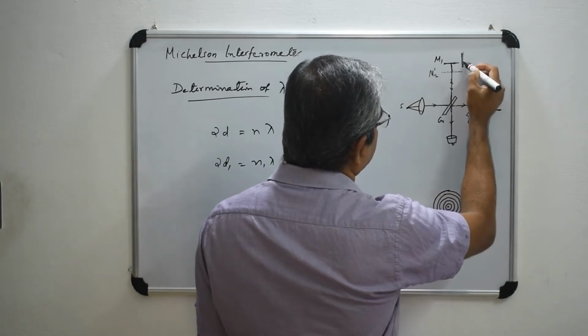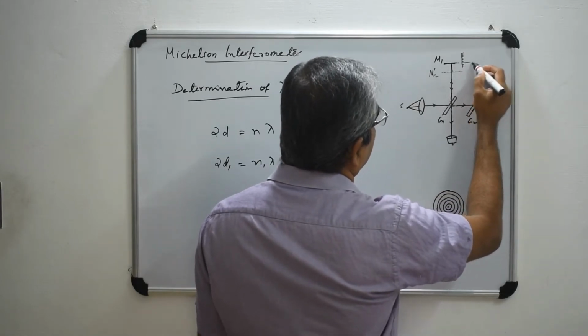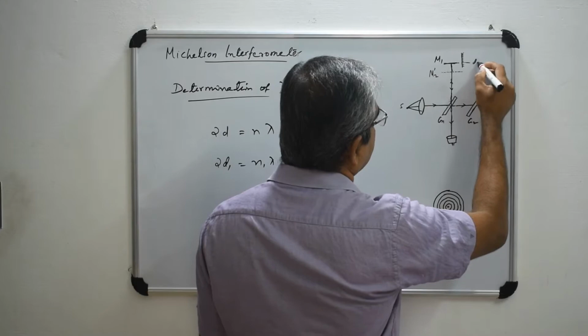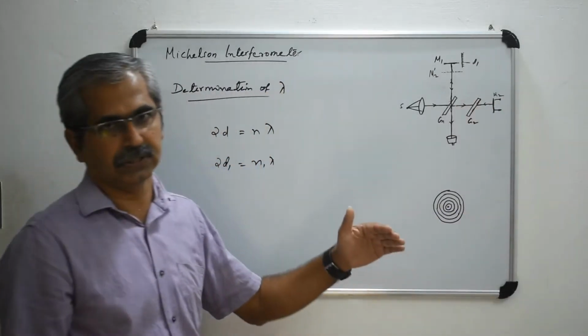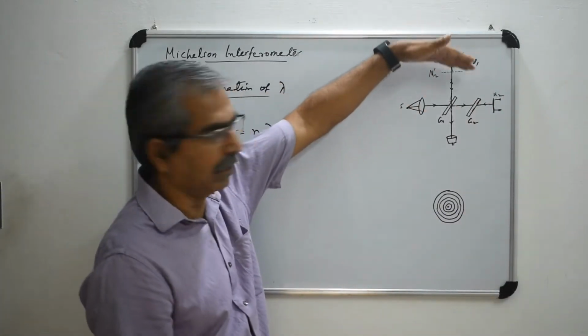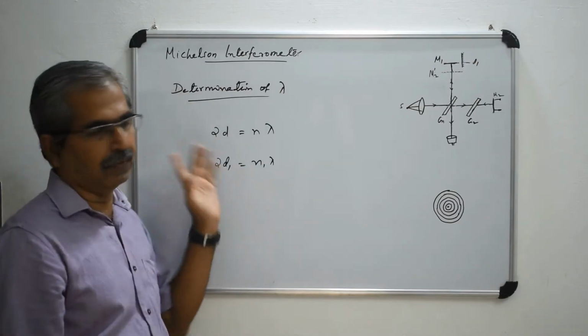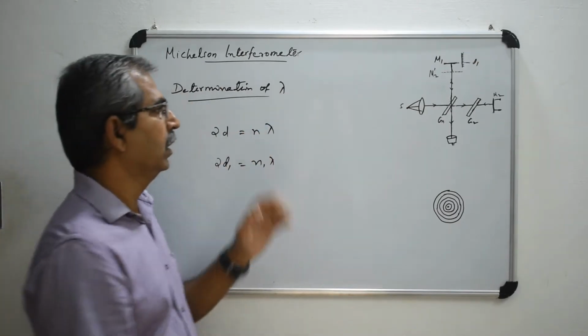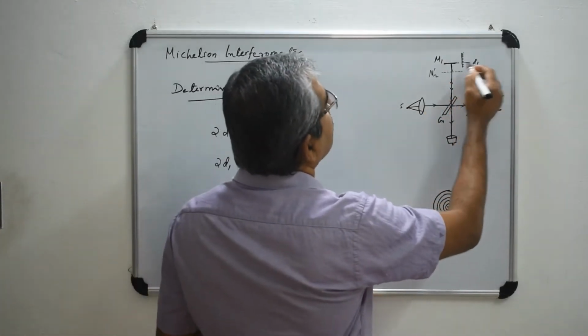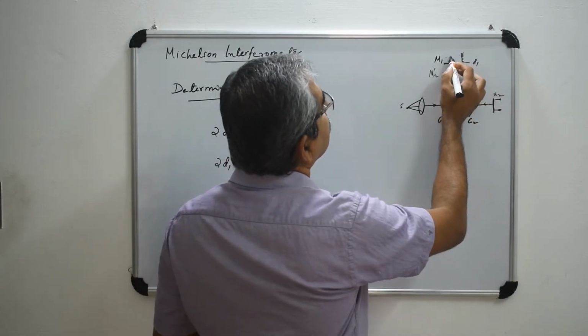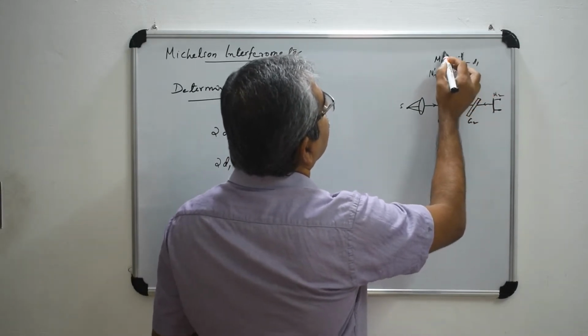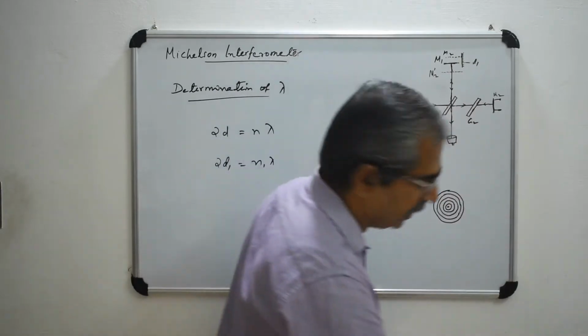Initially, the reading on the micrometer screw is D1, and you can have any value. Now it has moved slightly outward. Suppose this is a new position, M1 has now reached this position.